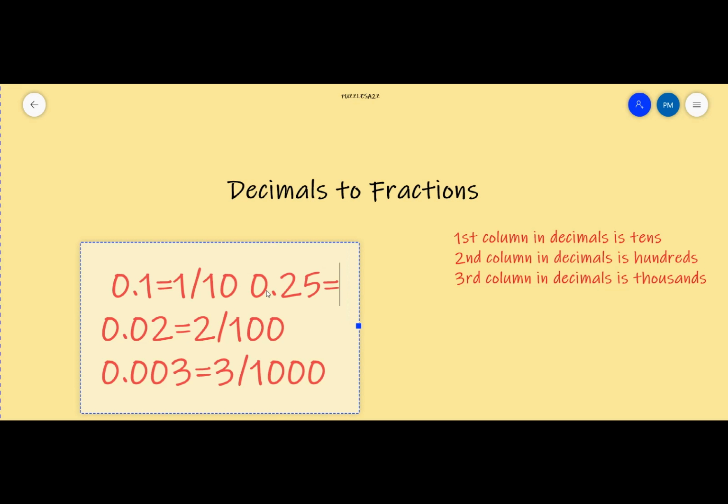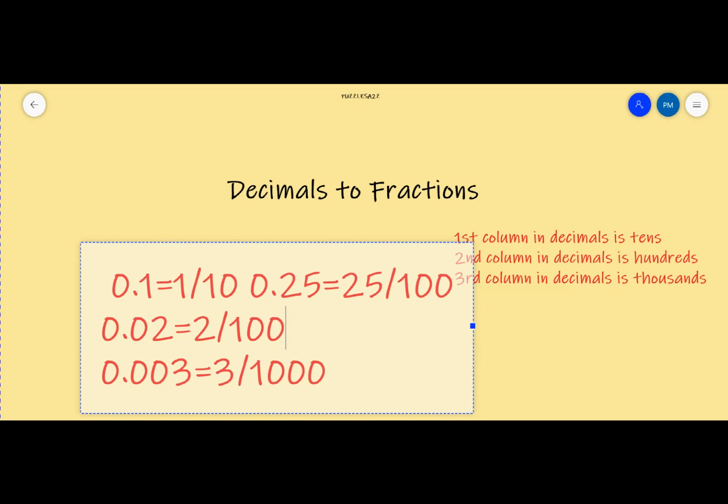That equals, what is it? 25. 0.25 is the same as 0.02, it's divided by 100. So it's 25 divided by 100. And 25 divided by 100 is easy, because we can cut that back, which we will in a moment.